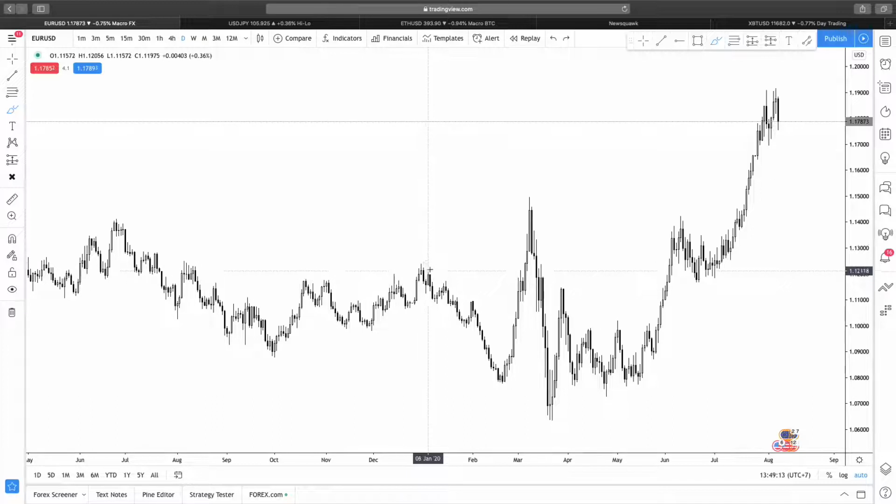At this price, it was a very interesting area that sellers wanted to do business at, so they sold the market away. As it came down to 1.077, over here, this was a very interesting area of price for buyers.